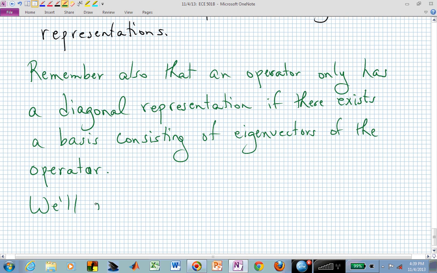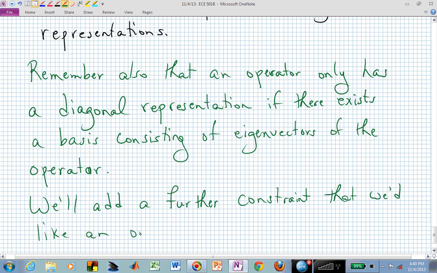We'll add a further constraint that we'd like an orthonormal basis.